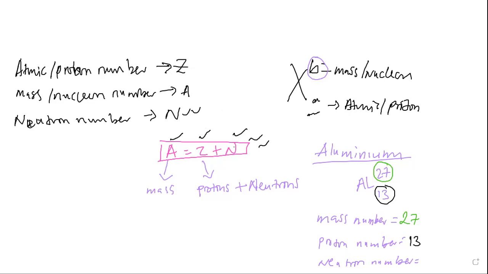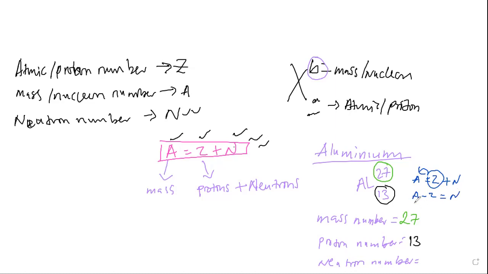So we are going to use the formula to get it. You say A is equal to Z plus N. Now you can make N the subject of the formula since you are finding N. So when you bring Z to this side, it becomes A minus Z is equal to N. So what is your A?